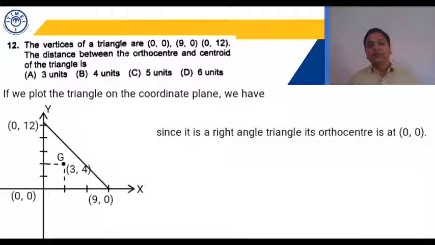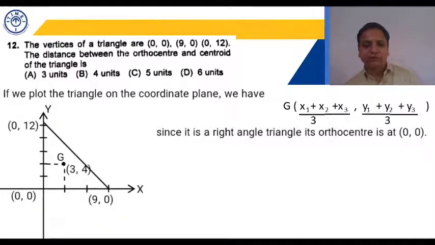The triangle with vertices 0, 0, 9, 0 and 0, 12 is a right angle triangle with the origin making the 90 degree angle, so the orthocenter is straight away the origin. Now for the centroid, we use the formula x1 plus x2 plus x3 by 3, y1 plus y2 plus y3 by 3.